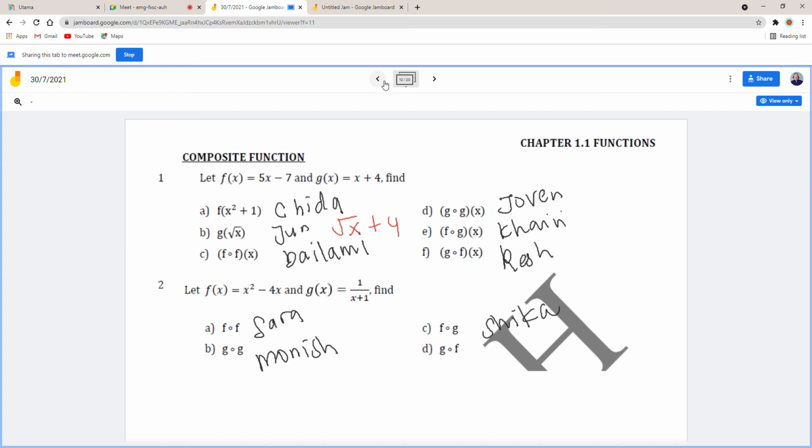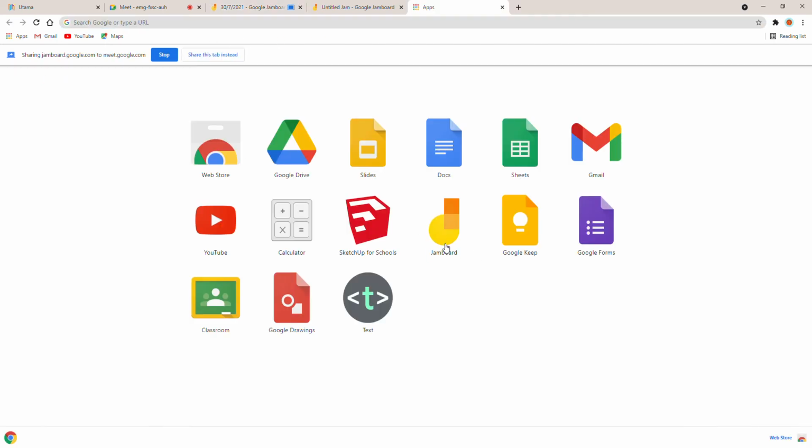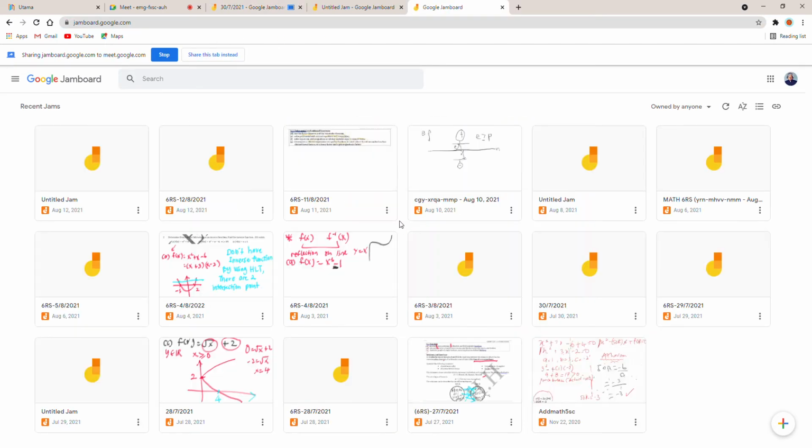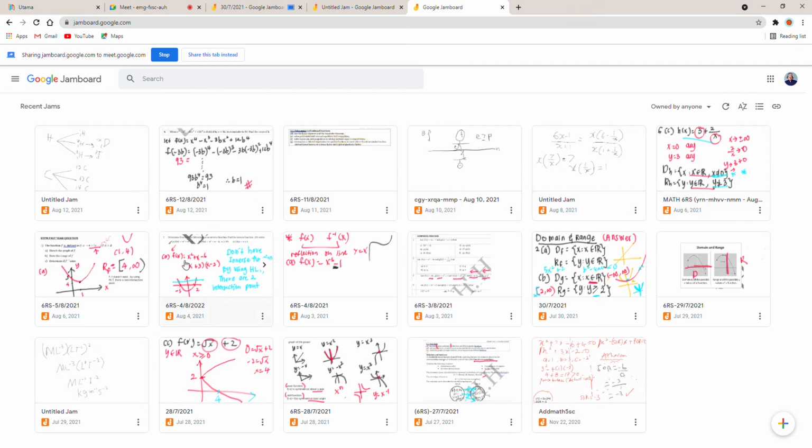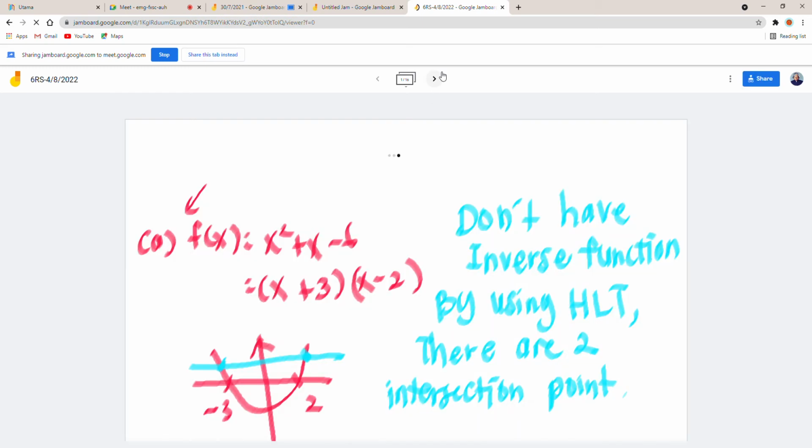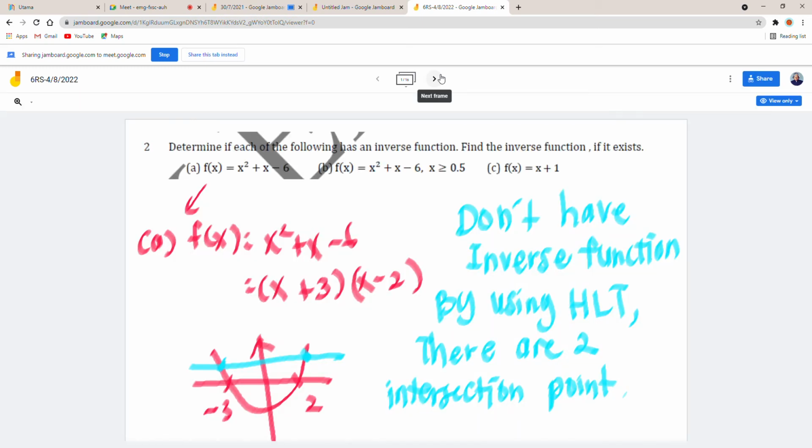Oh, is there like an example? Okay, wait, I think so. It's in the past year one. Let me open this Jamboard window. What's the past year question? Wait, let me check.